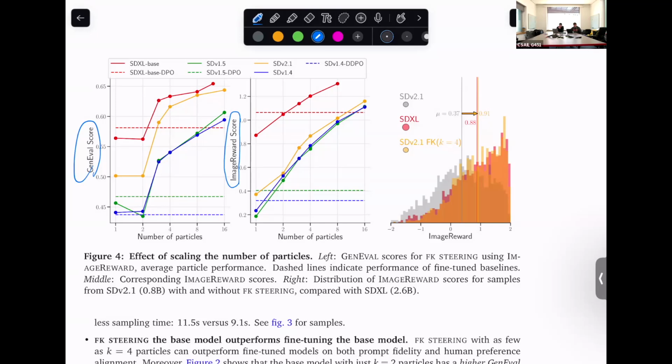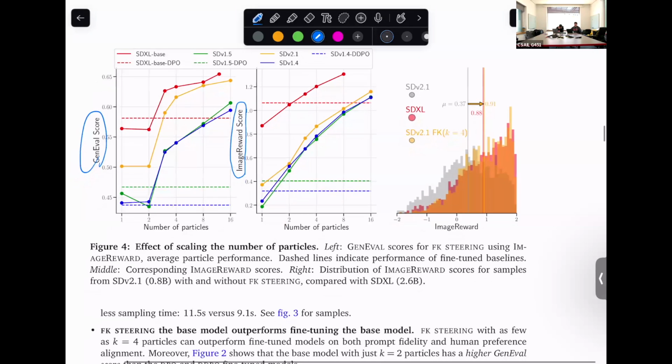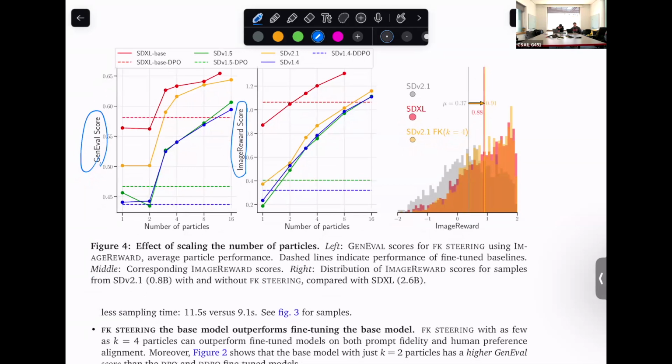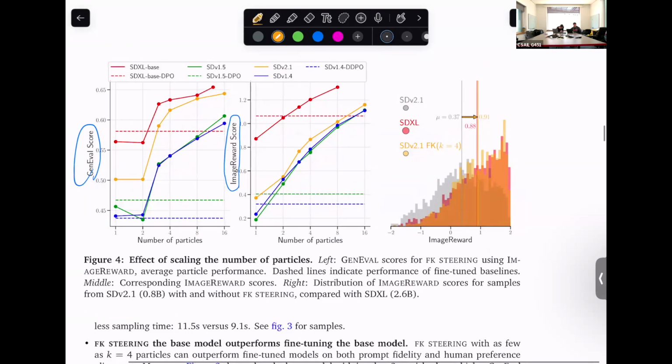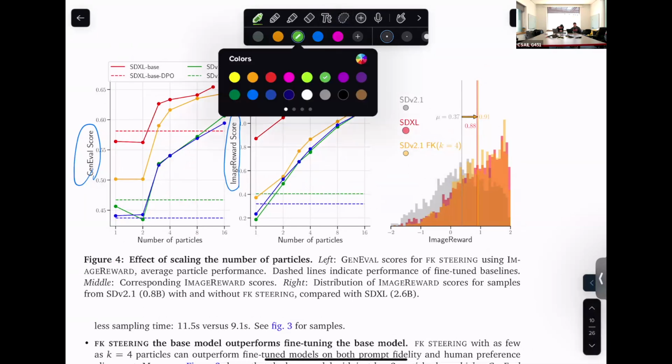I think it's some other learned reward function that supposedly encodes preference information. Okay, but let's black box it for now. It's some other reasonable measure of image quality. And then GenEval is what we were discussing before. Then we always have the base model here, I guess.